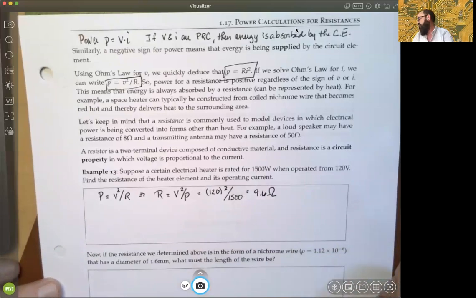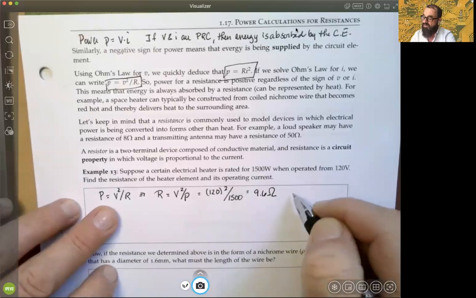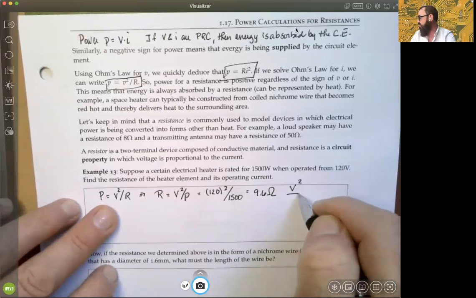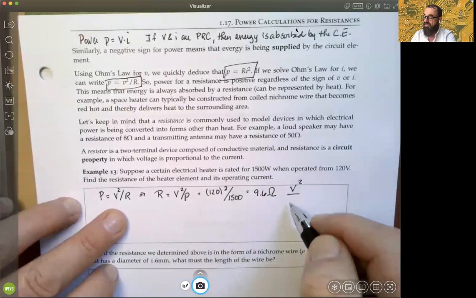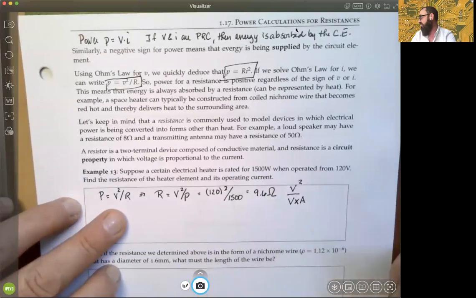Okay, and maybe just to double check the units, what we had here was volts squared over power, which is another way of looking at resistance, is volts times amperes, correct?